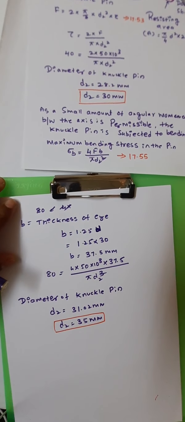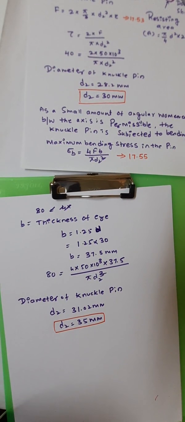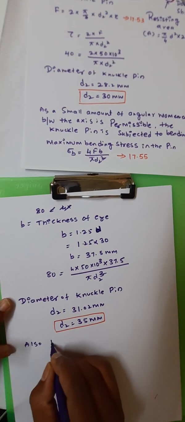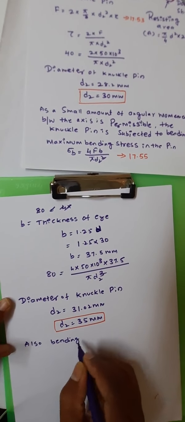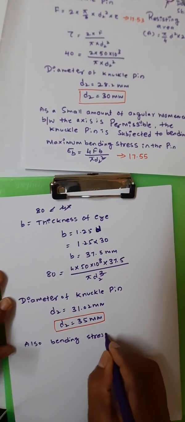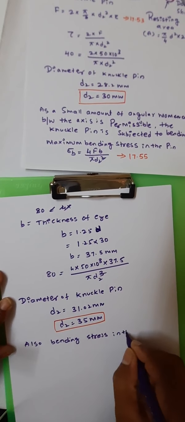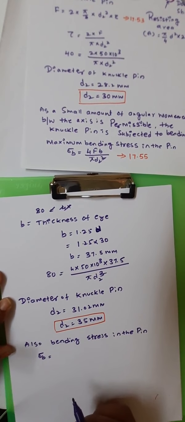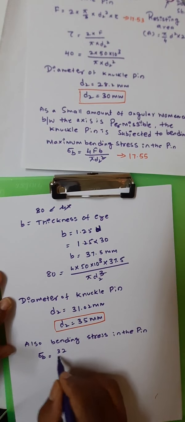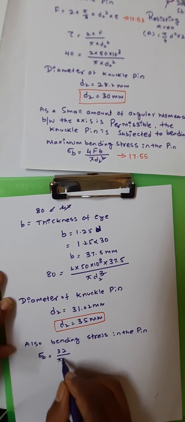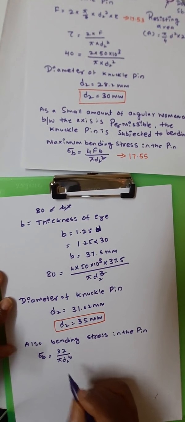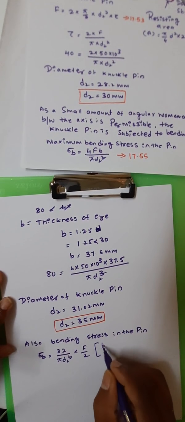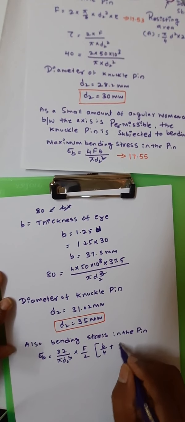Next, we also need to find the bending stress in the pin, that is sigma b is equal to 32 divided by pi d2 cube into F by 2, into b by 4 plus a by 3.